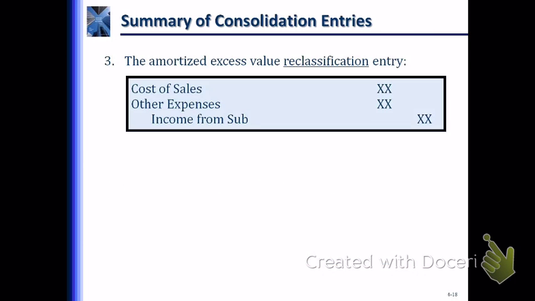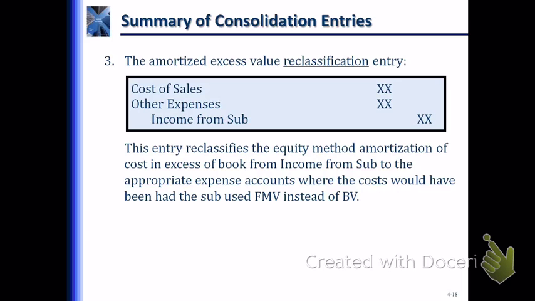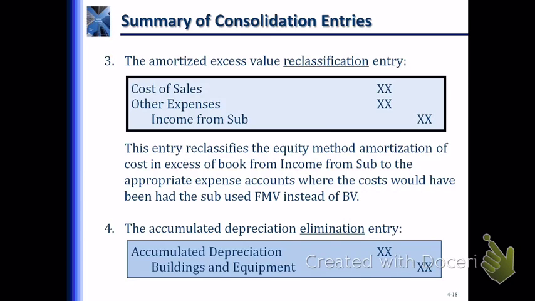And then we have the amortization, and so this is what changed in that differential balance during the year. So this is the additional depreciation or amortization expense, the additional cost of goods sold, or sometimes it's credits to things. So that would be the amortization expense. And then accumulated depreciation adjustment entry.